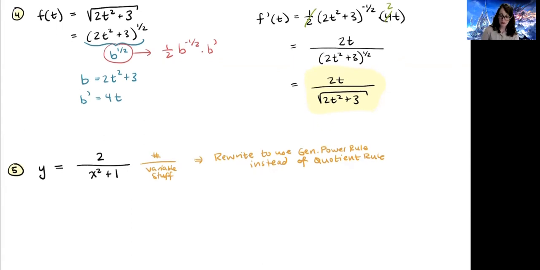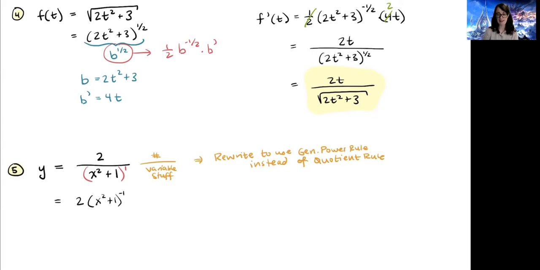So the way that we would rewrite this is we would look at the denominator, the x squared plus 1, and think of that whole thing being raised to the first power underneath. Because 2 is divided by all of x squared plus 1 to the first, we can rewrite this as 2 times x squared plus 1, not to the first, but to the -1 power.